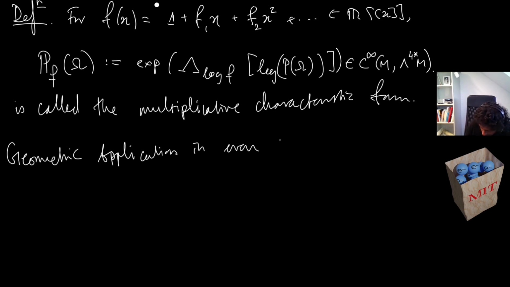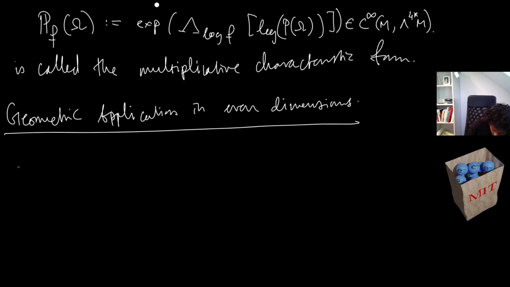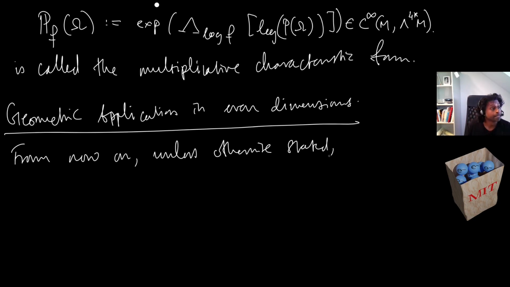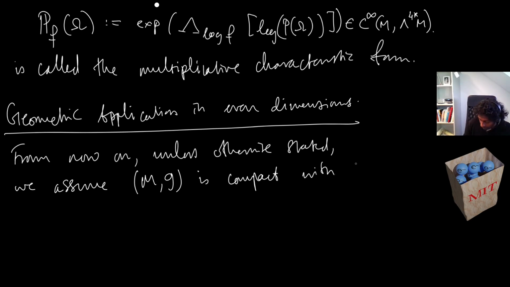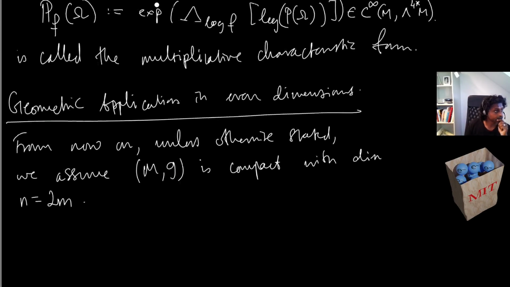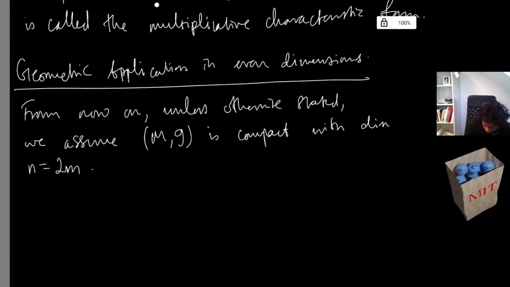In even dimensions. Okay, so throughout, from now on, unless otherwise stated, we assume that M, g is compact with dimension n equals 2m.